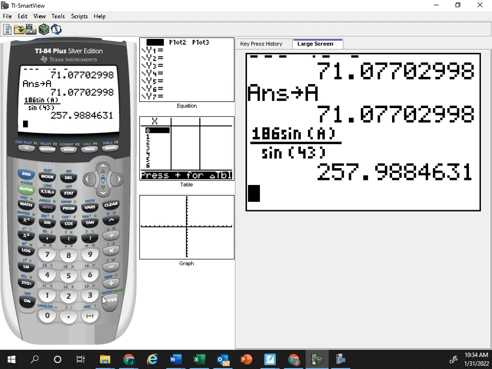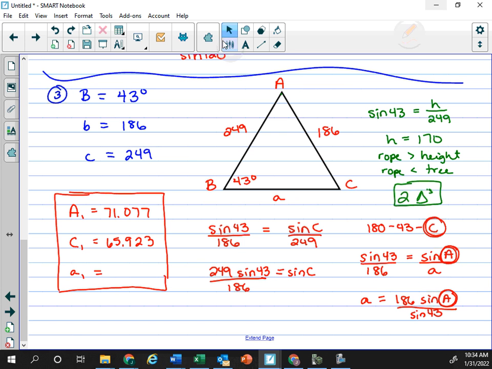We don't need it for anything else, so we don't have to store that. All right, so go back and jot that down. Questions anywhere on that first triangle? We're okay. I see a couple people still typing things in, so I'm going to wait a second here.